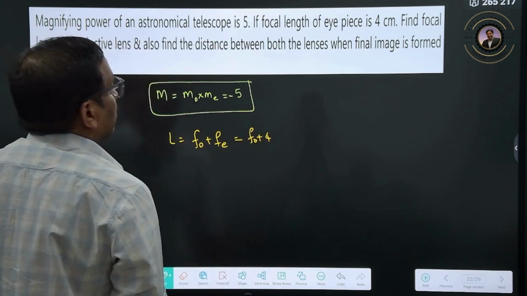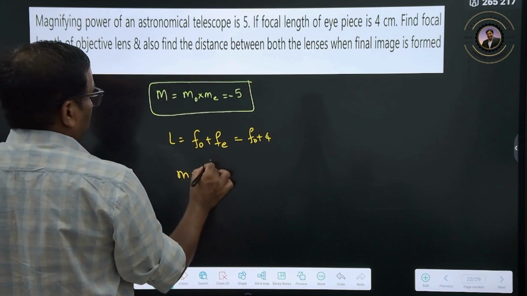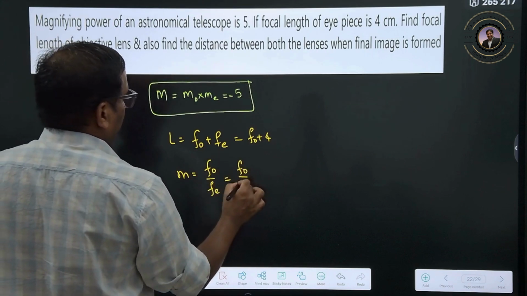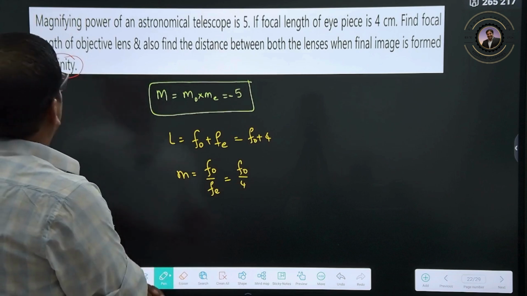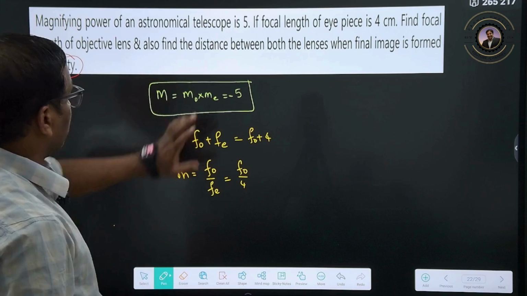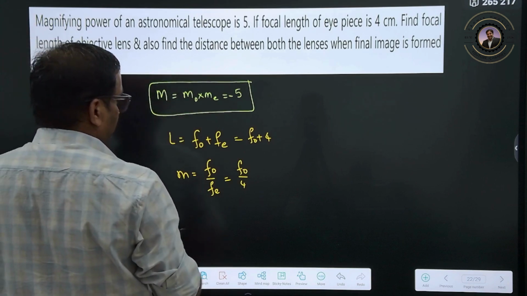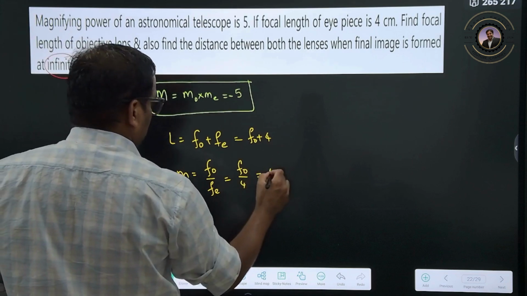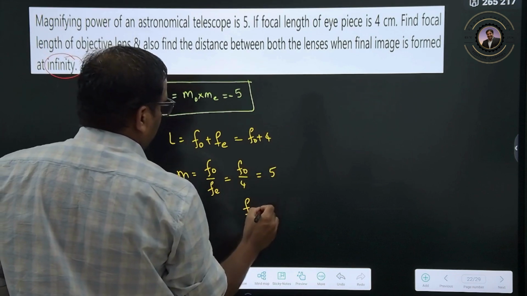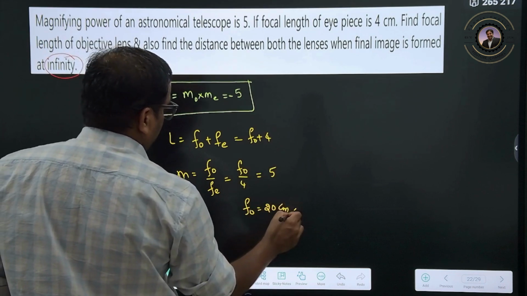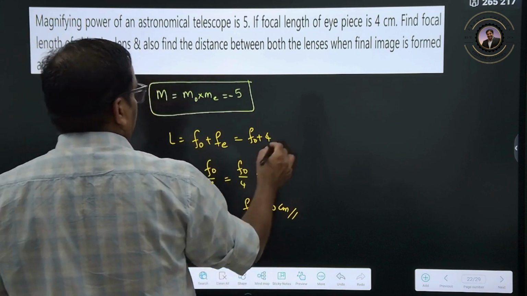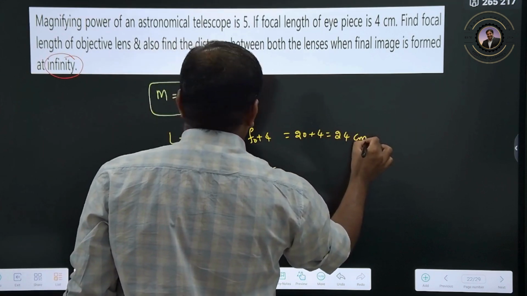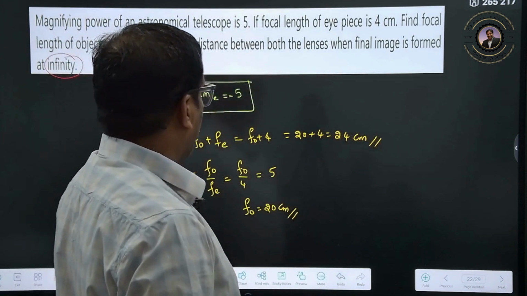Magnification is f_O by f_E, which is f_O by 4, and the magnification is given as 5. So f_O is equal to 20 centimeter. Therefore 20 plus 4, that is 24 centimeter, will be the distance.